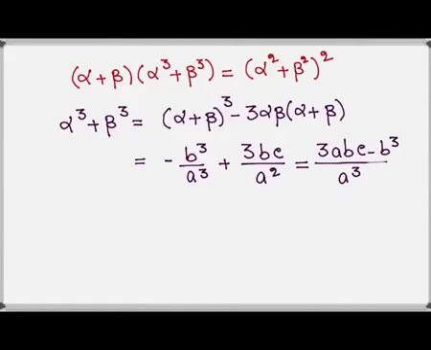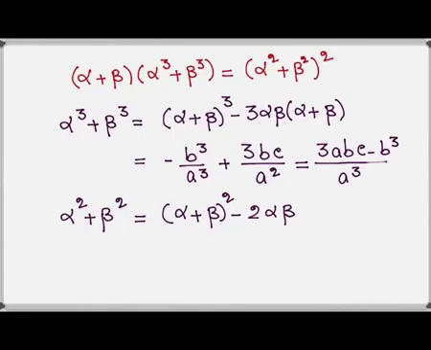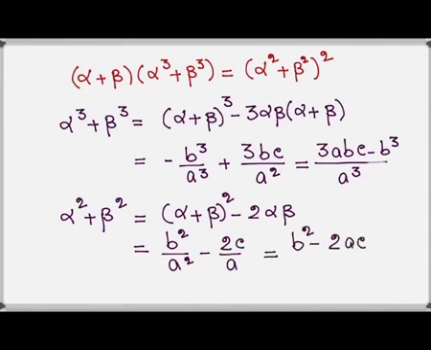Next let us see alpha square plus beta square. We know that this is equal to alpha plus beta whole square minus 2 alpha beta. So therefore this is b square by a square minus 2c by a, that is b square minus 2ac divided by a square.